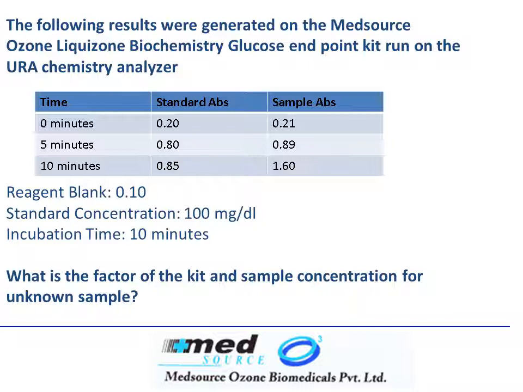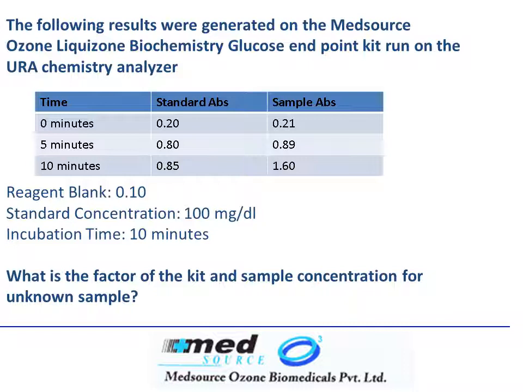A methylsozone glucose reagent kit, which is an endpoint kit, was run on the URA chemistry analyzer. The following data was generated. The absorbance, also called optical density or OD, at 0 minutes was 0.2 for the standard and 0.21 for the sample.